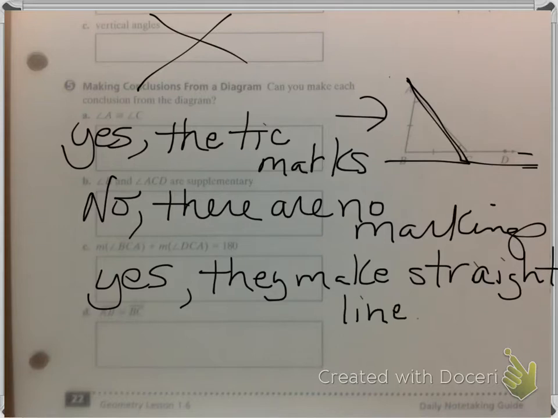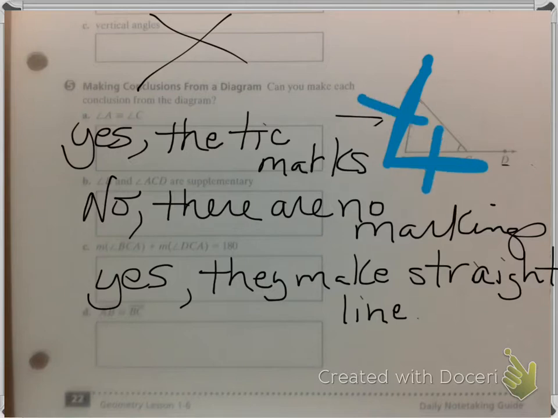So therefore it's supplementary. The last one is AB congruent to BC? Well, let's erase. AB is here. Is AB congruent to BC? If you notice, there are tick marks here, so it would be yes, tick marks. Ooh, the blue is pretty.